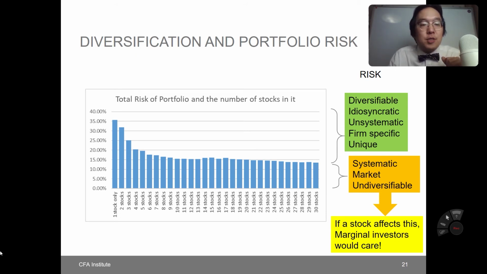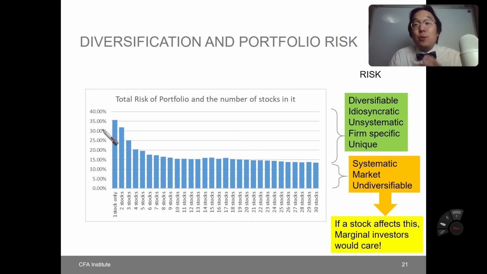The first portfolio over here is a one-stock portfolio, the all-in case. If you invest 100% of your money into one single stock, then you're going to have this kind of high total risk in your portfolio.